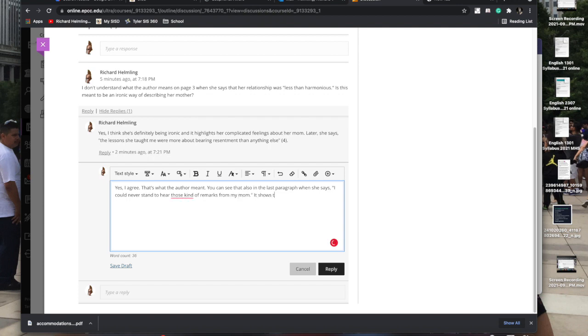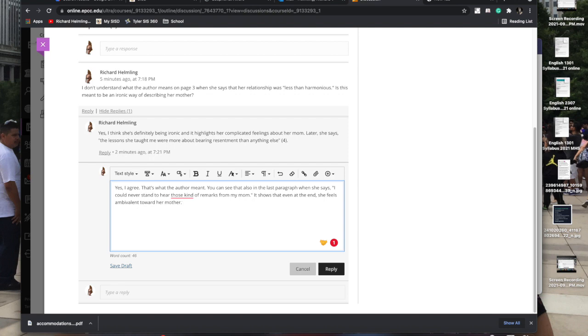It shows that even at the end, comma, she feels ambivalent toward her mother. Okay, so here at least I've amplified the other person's original statement. And that opens up some room for other people to do the same, but it might be possible to find a new way of looking at this example.